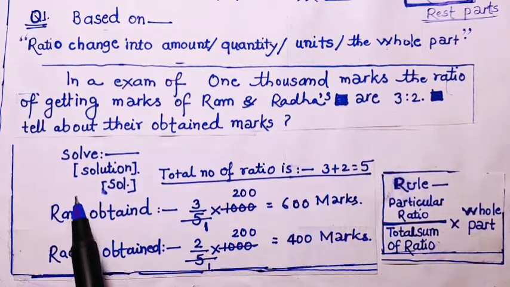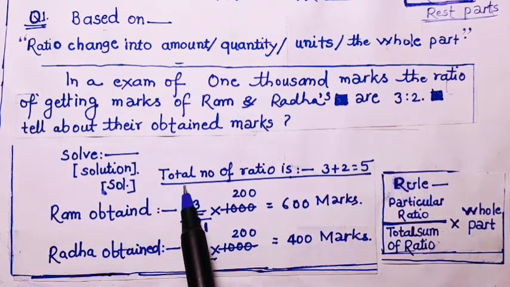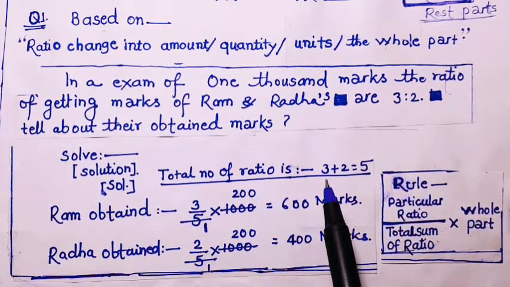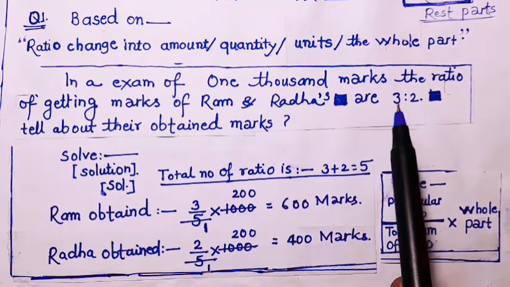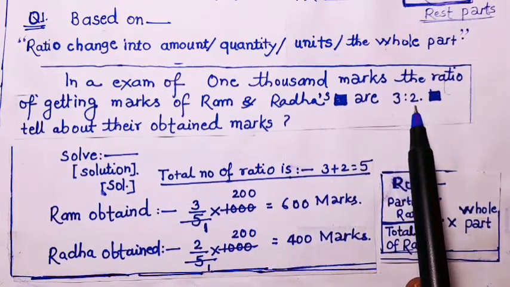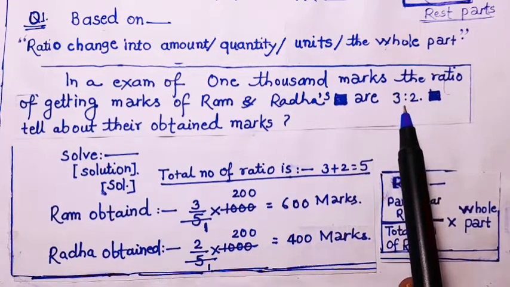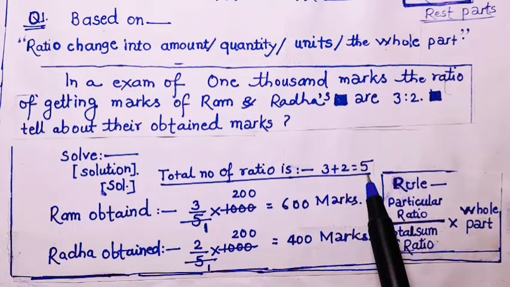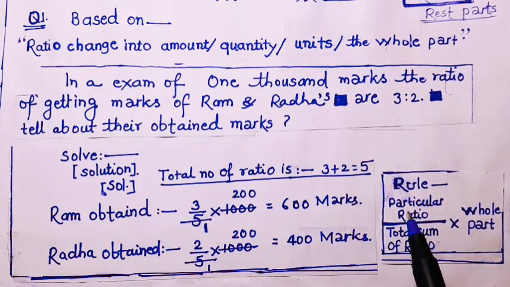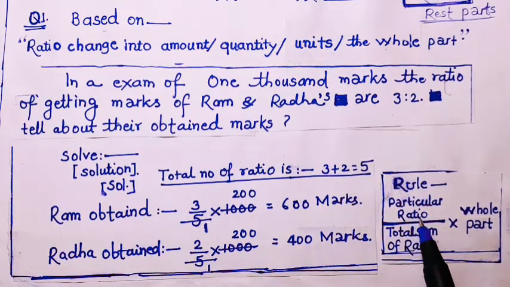As for example, the total number of ratio is 3 plus 2. Here you can see 3 to 2, and when this ratio is added, the final number will be 5, and the rule says particular ratio.